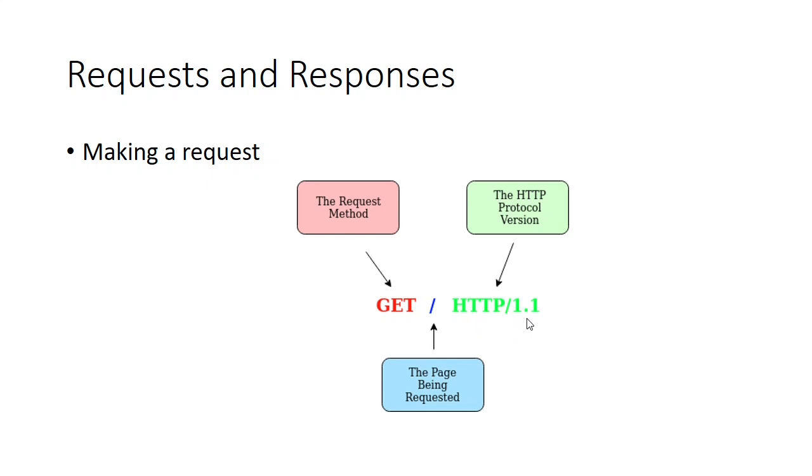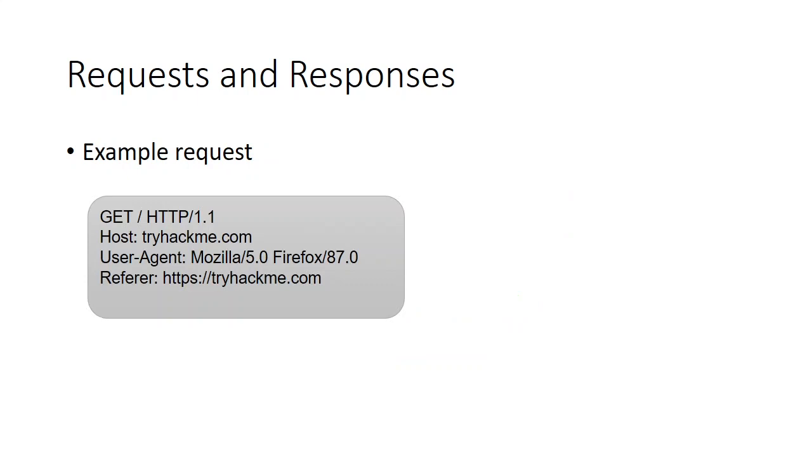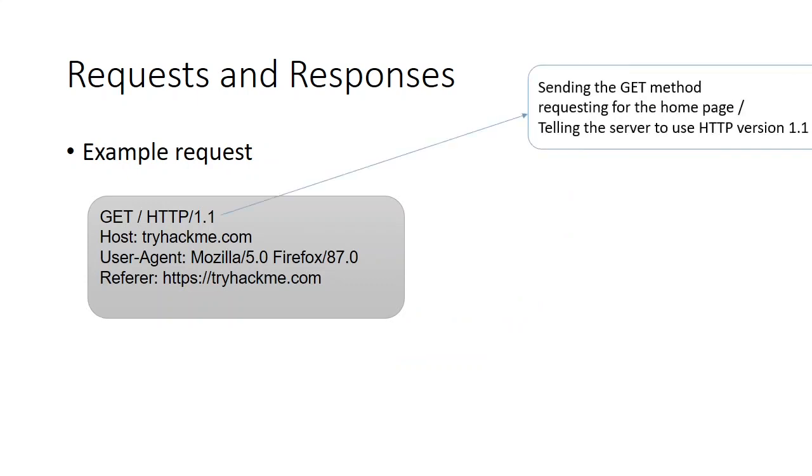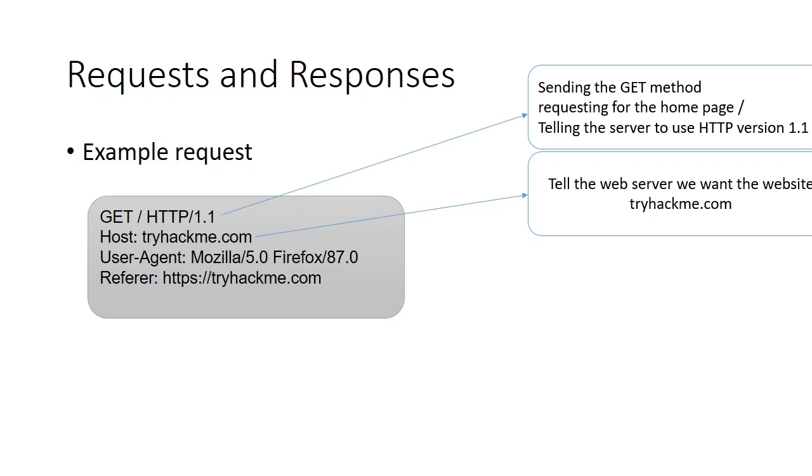So if we are sending this request, what does that mean? That means that we are sending a GET, like the GET method, requesting the home page, telling the server to use HTTP version 1.1. Host tryhackme.com tells the web server we want the website tryhackme.com.